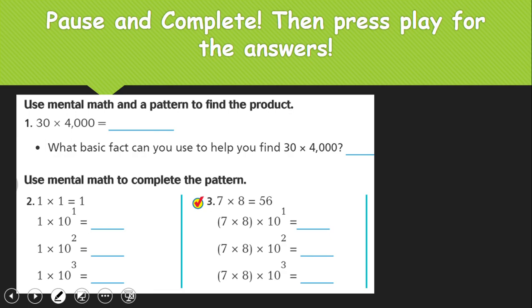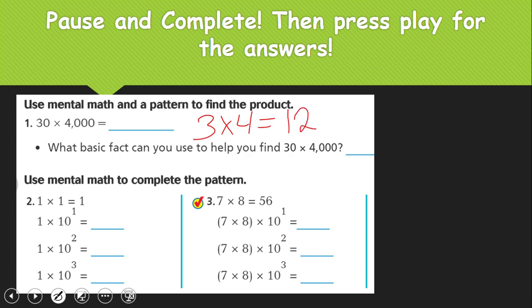Awesome. So let's go ahead and use mental math and patterns to find the product. Now, remember, you want to use the basic fact. What is the basic fact of 30 times 4,000? Good, you should have said that it was 3 times 4, and you get 3 times 4 equals 12.